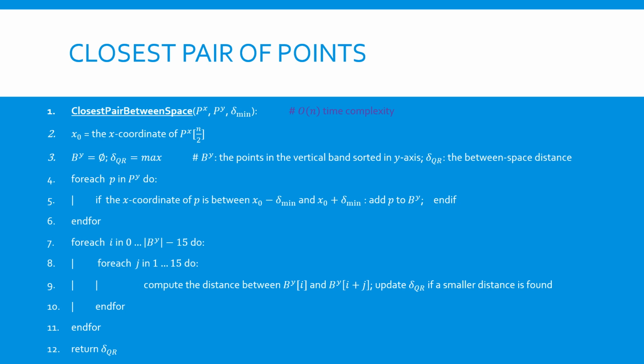Note that because we start the process with Py, which stores points sorted by their y-coordinates, points in By are also sorted by their y-coordinates. Then, in lines 7 to 11, we compare each point in By with its next 15 points. Although there are two layers of for loops in the pseudocode, the second layer in line 8 only iterates a constant number of times. Therefore, the entire procedure remains in linear time.